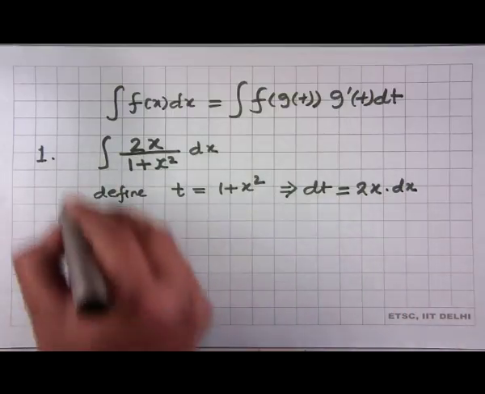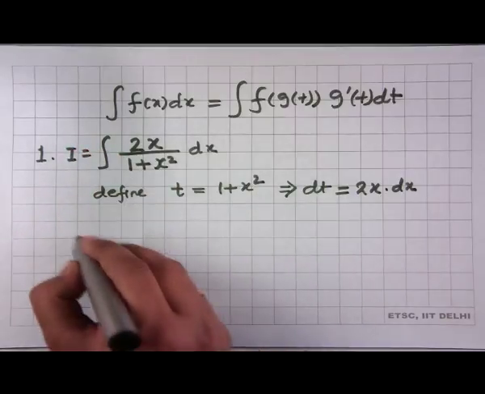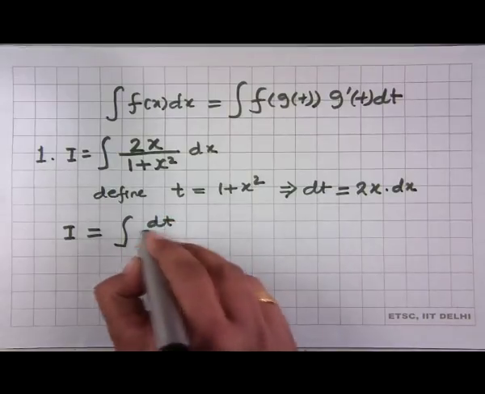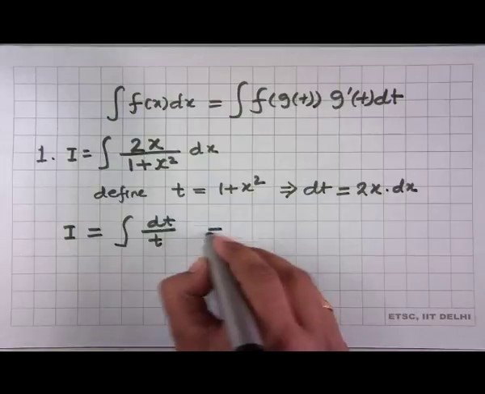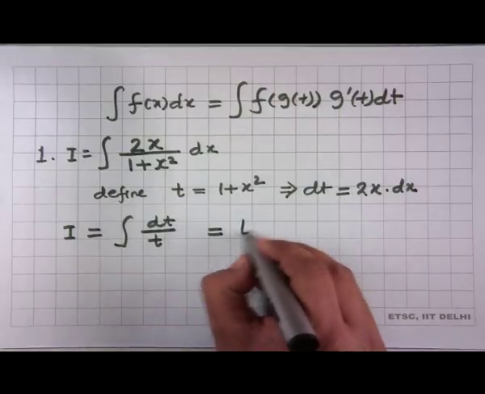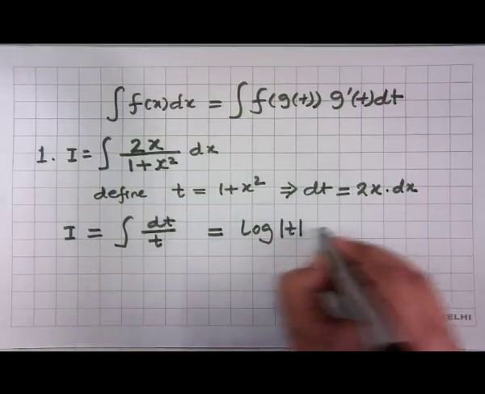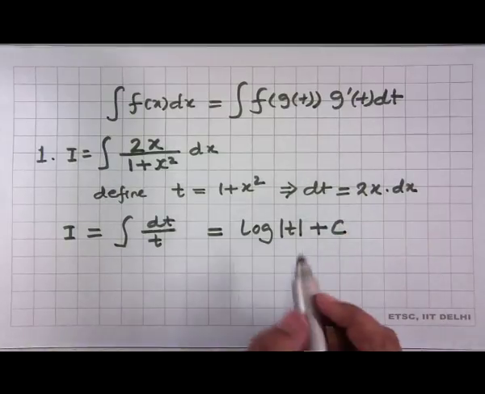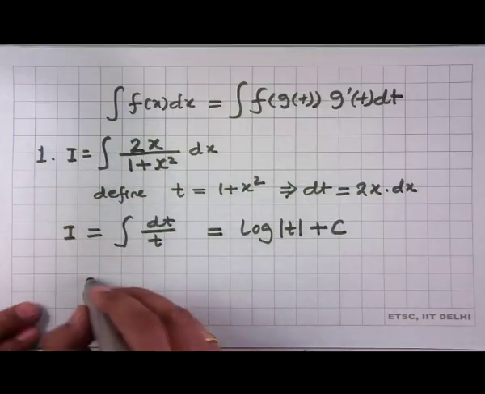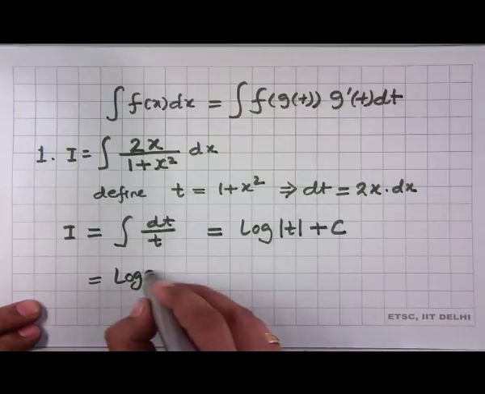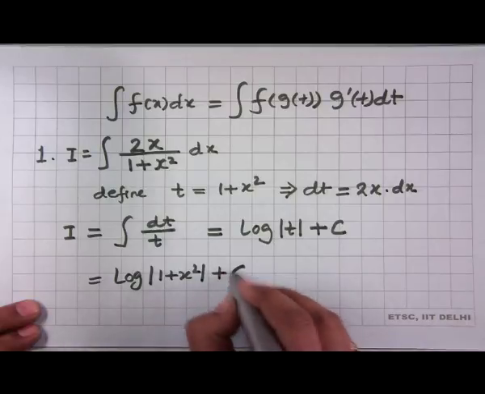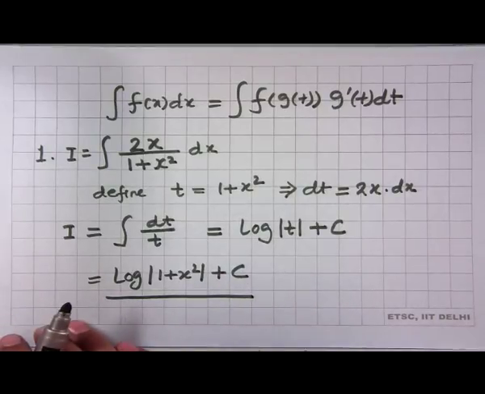Making this substitution in the given integral, call this integral I, we shall get I as integral of dt over t, and now this form is converted into the form which we already know, and this will give us log of mod t plus constant. But our problem was in x, so we have to go back to x, and therefore, substituting for t, we get log of 1 plus x squared plus c. So, this becomes our final integral for this case.